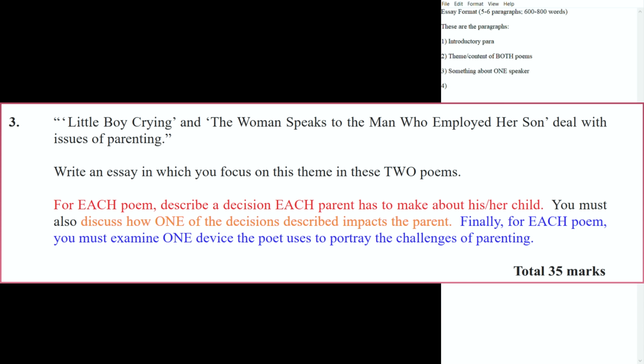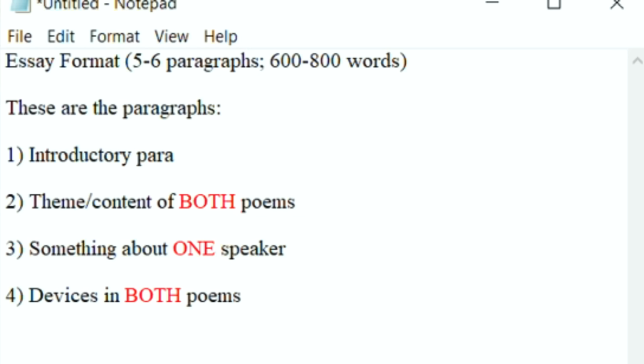Your fourth paragraph is going to be about the last part of the question, which is always devices. So devices in both poems. Pay attention to these all caps words. Both, one, both. 2, 1, 2. That is the formation. 2, 1, 2.